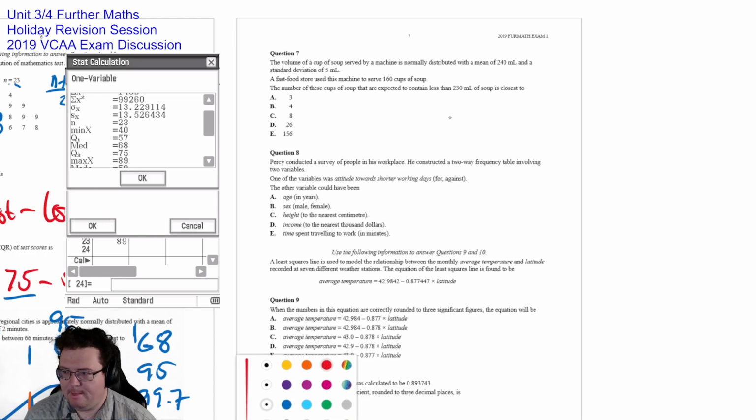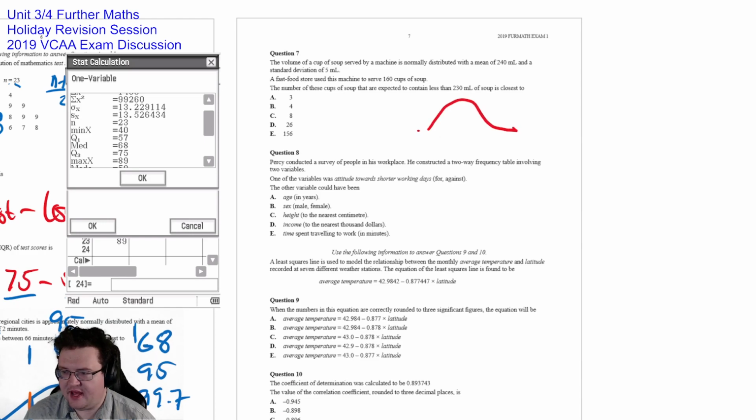So, again, let's quickly put our curve on the page. Our mean is 240. 1 standard deviation is 235. 2 standard deviations is 230.